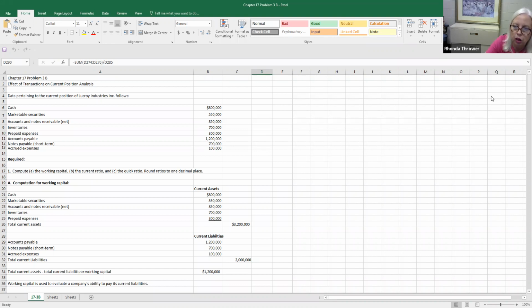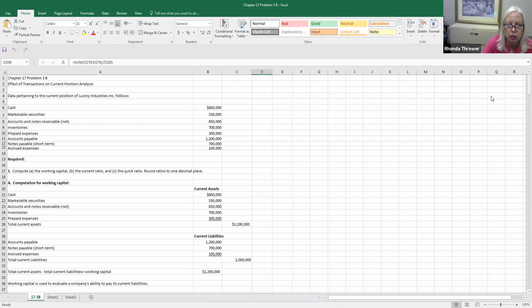Your current ratio would be current assets divided by current liabilities, which is 2.6. And then your quick assets would have changed because your cash account increased. It would also increase your quick assets. So your quick ratio is now going to be 2.1.